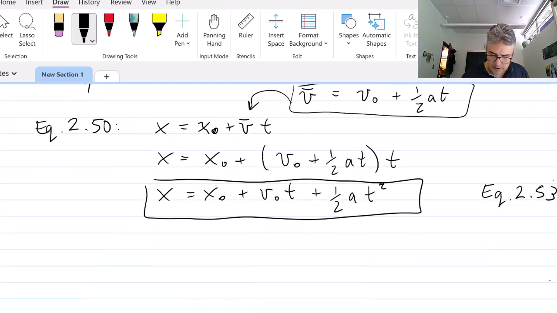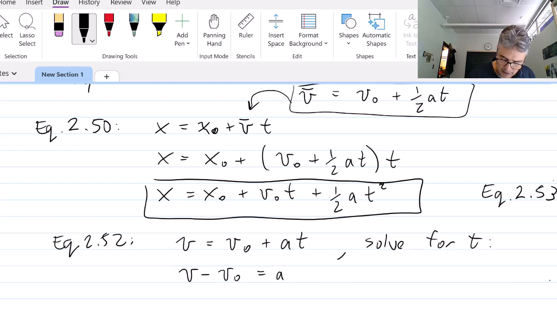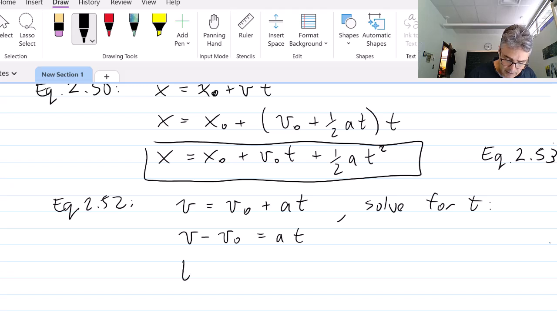So the last thing is that if we take equation 2.52, which remember was v is equal to v0 plus at, and we solve this for t, we get that v minus v0 is equal to a times t. Divide both sides by a, and we get that t is equal to v minus v0 divided by a.